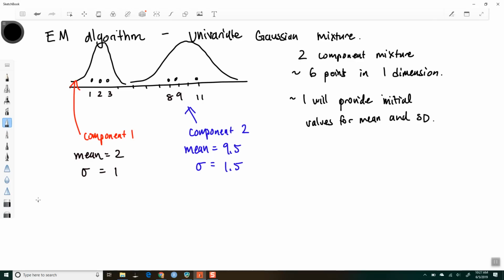And I think what I'll give you is a d-norm table. So you're used to getting the p-norm table, your cumulative probability, but I'll give you the density, the d-norm table for z-scores, right?